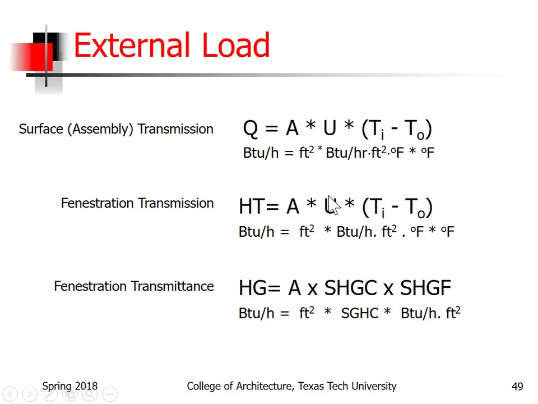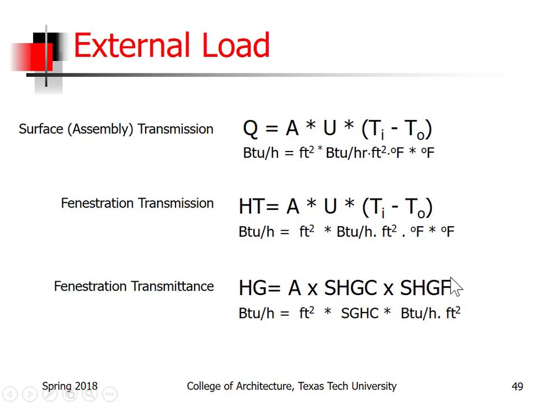Here we're going to get it from the window manufacturer or ASHRAE handbook. Here we're going to get this through adding up all the R values of the different components of an assembly for a wall or a roof or a ceiling, and then take the reciprocal of the R values to get the U. And then there's the transmittance, in other words, the light that will come through the glass itself. And that's, of course, the area, and how much the window will block that transmission is the solar heat gain coefficient.